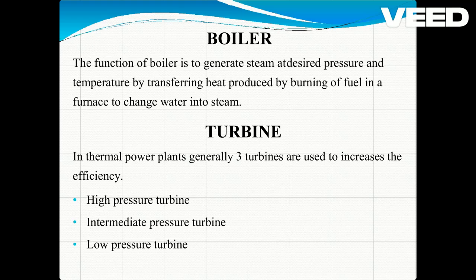Generally in thermal power plants, three types of turbines are used: the high pressure turbine, intermediate pressure turbine, and low pressure turbine. These are classified based on the pressure of the steam produced inside the boiler.